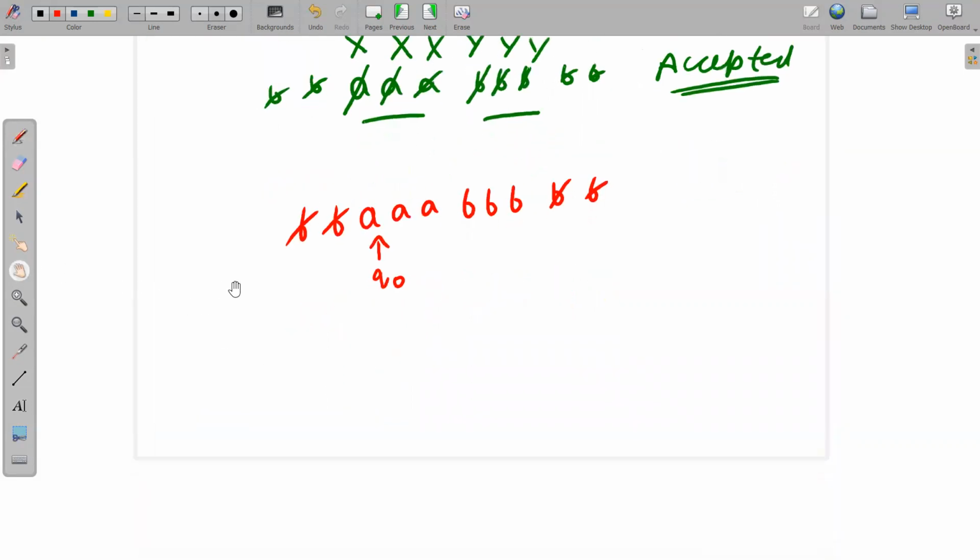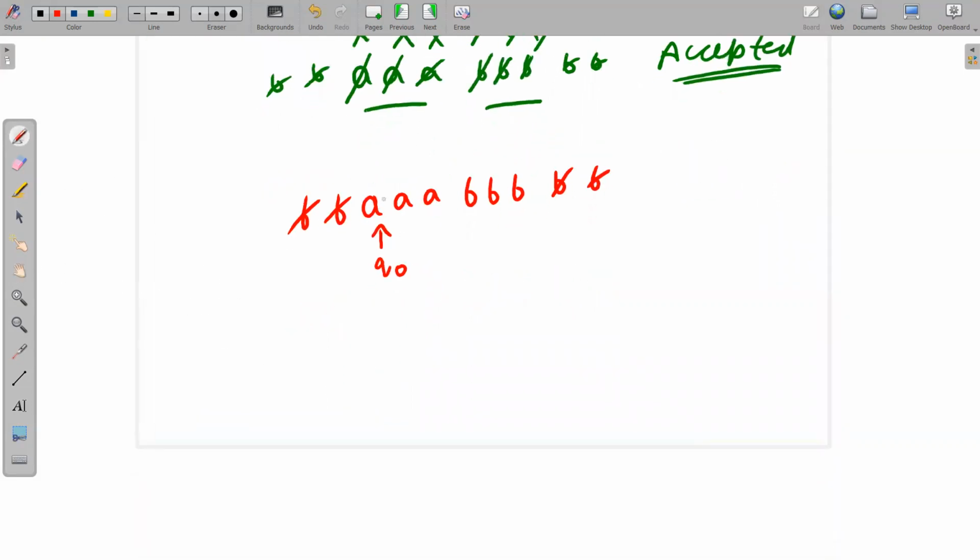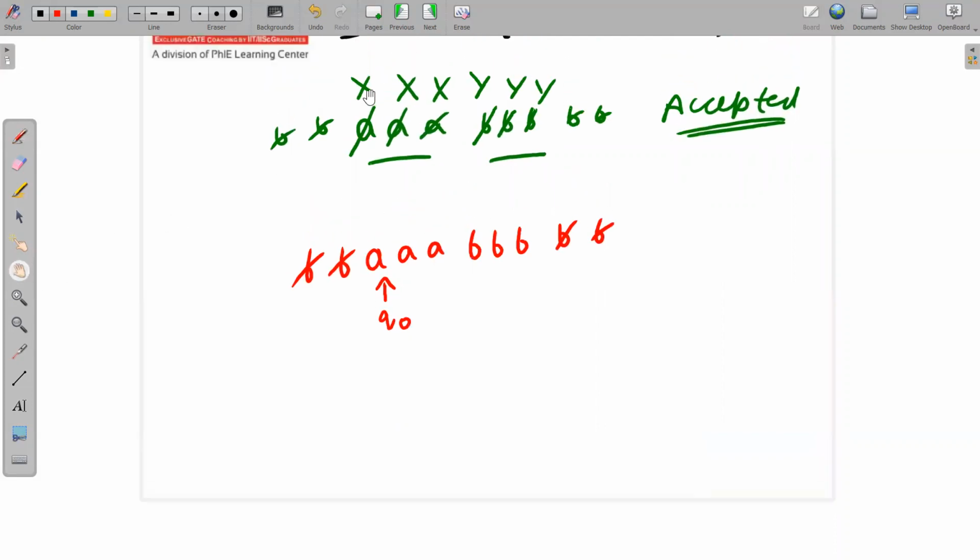As soon as Turing machine reads A on Q naught, I have already told you in the previous class that it will make X and move forward. Let me design the move. Initial state will be Q naught.